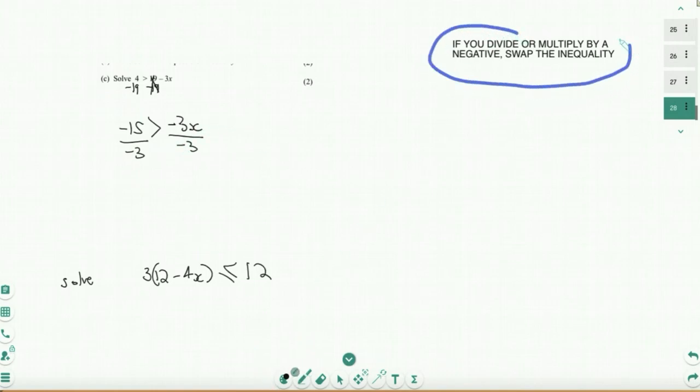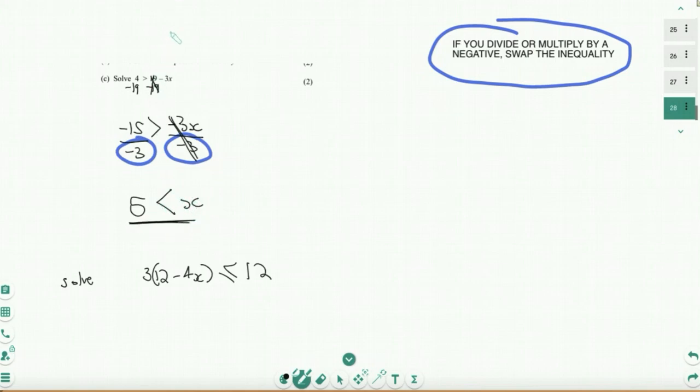If you ever divide or multiply by a negative number, you must swap the inequality. Because we're dividing both sides by negative 3, we're going to swap the inequality, okay? So since it's facing this way now, it's going to face the other way. And we're just going to continue the same thing. So negative 15 divided by negative 3 is 5, and the negative 3's cancel out. So x is more than 5, okay?